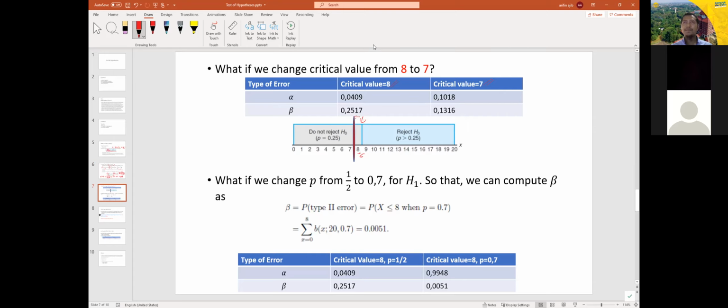Okay. Please look at this result. And then later we will conclude. And then what if we change the P from 50% into 70% for the alternative hypothesis? So we can compute here for the beta being 0.001.